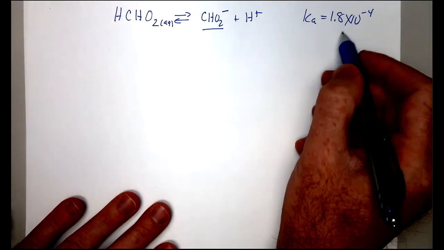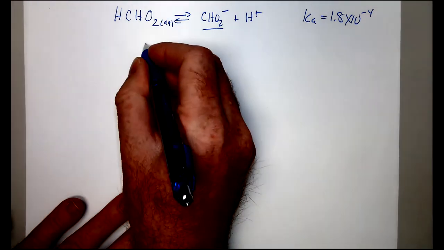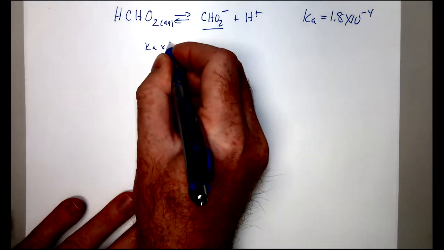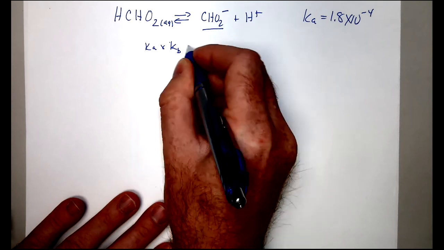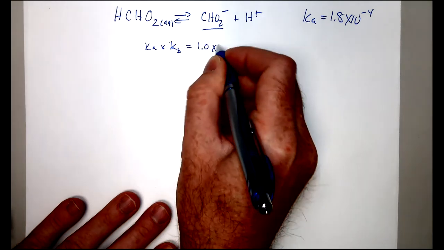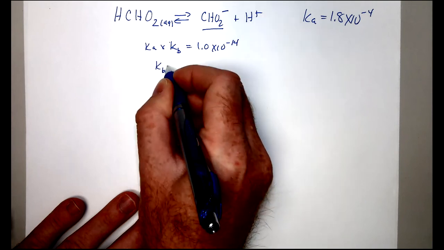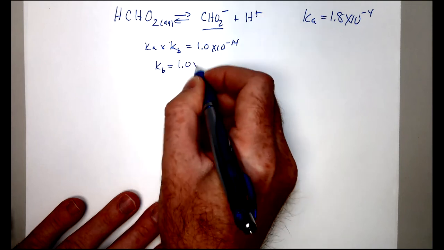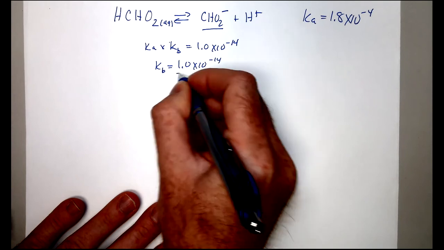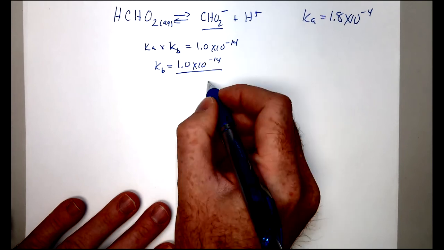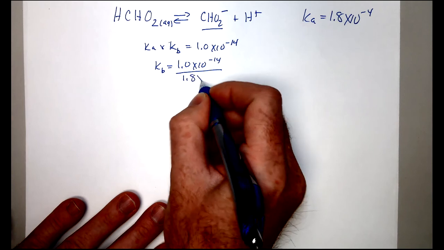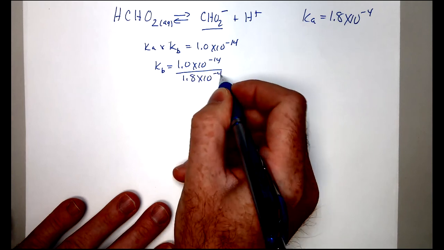So if we know that's the Ka, then we know Ka times Kb equals 1.0 times 10 to the negative 14th. So then Kb is going to equal 1 times 10 to the negative 14th divided by the Ka, 1.8 times 10 to the negative 4th.